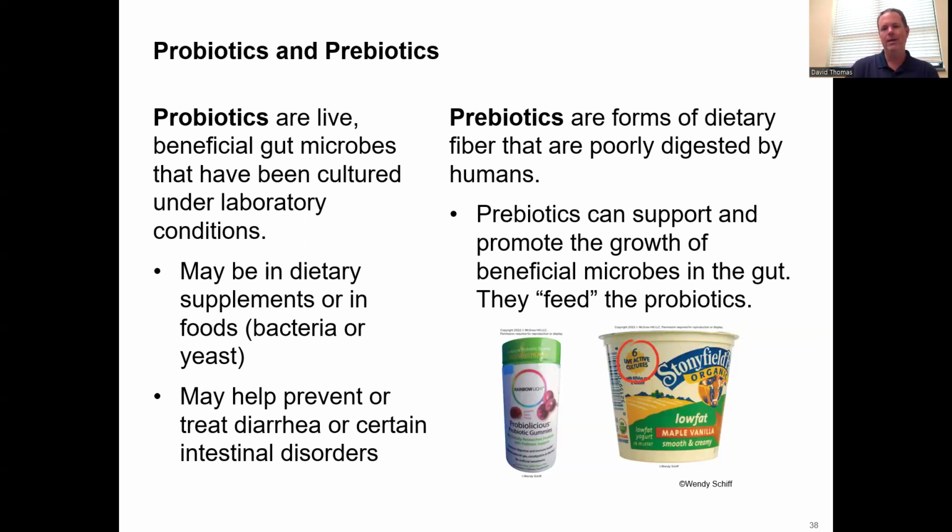A prebiotic is something that the microbes need to feed on, because again, they're living organisms inside of us. They have to have something to feed on. Usually this is something that has lots of fiber in it, or plant vegetables and fiber materials. That helps promote the growth of these healthy microbes inside of our body.